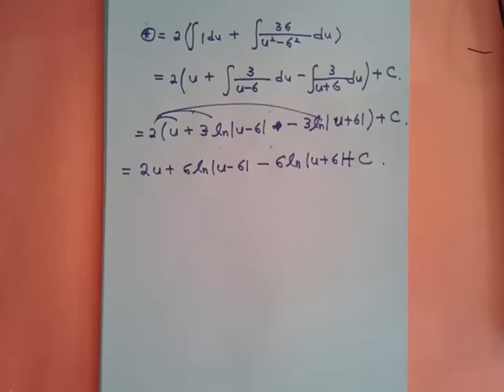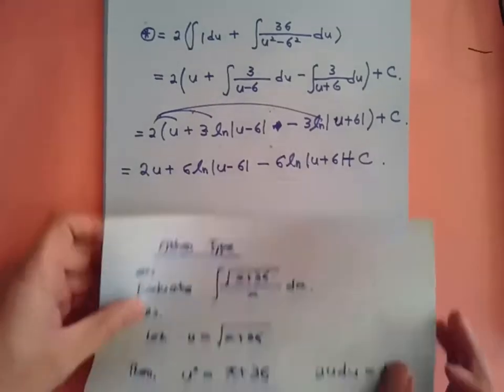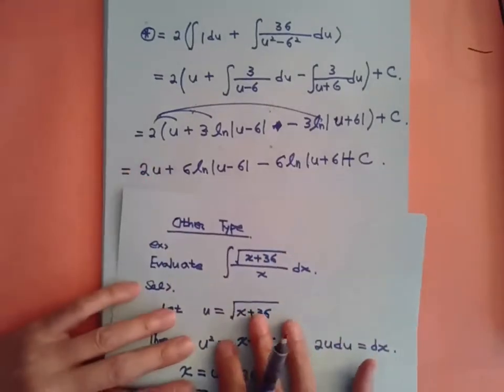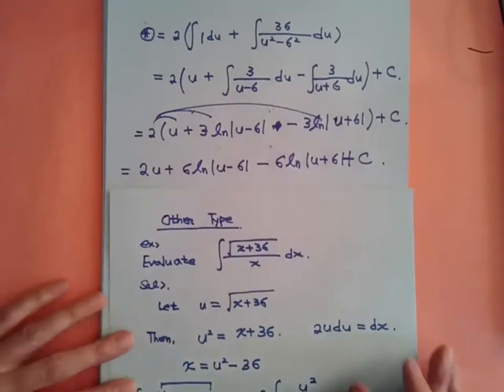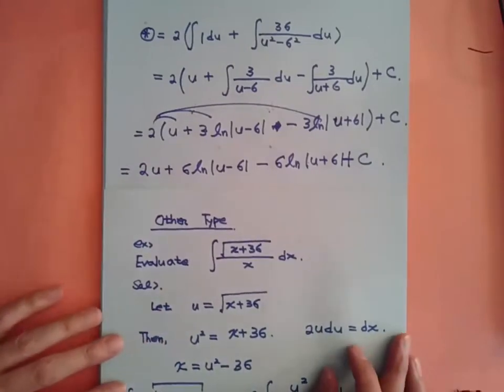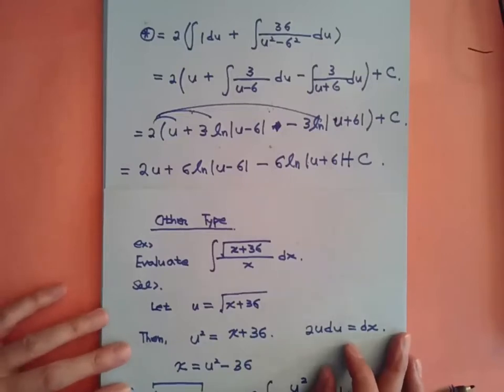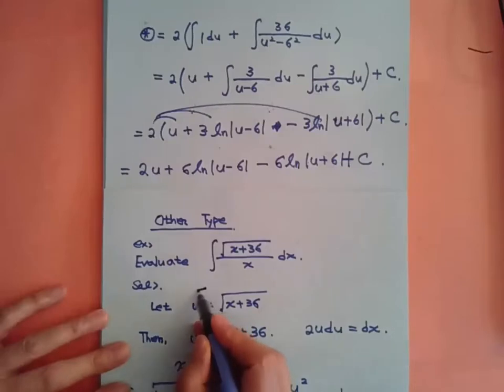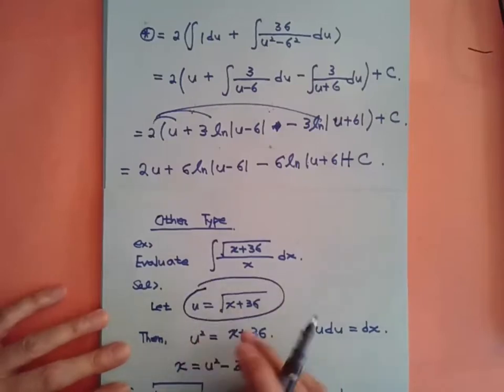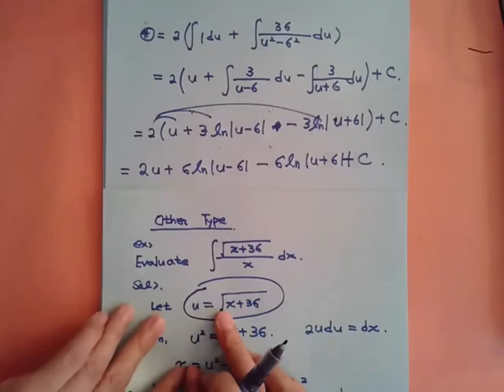We go back to the starting point substitution to convert the expression into an x-related expression. Then u should be written as square root of x plus 36.